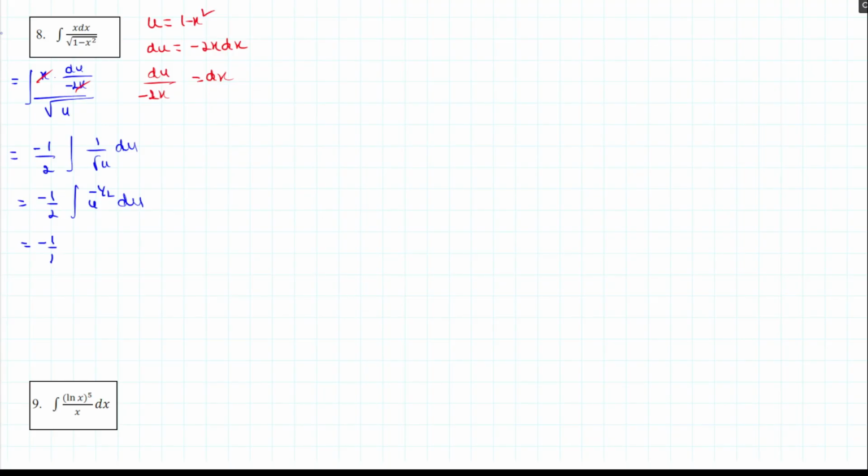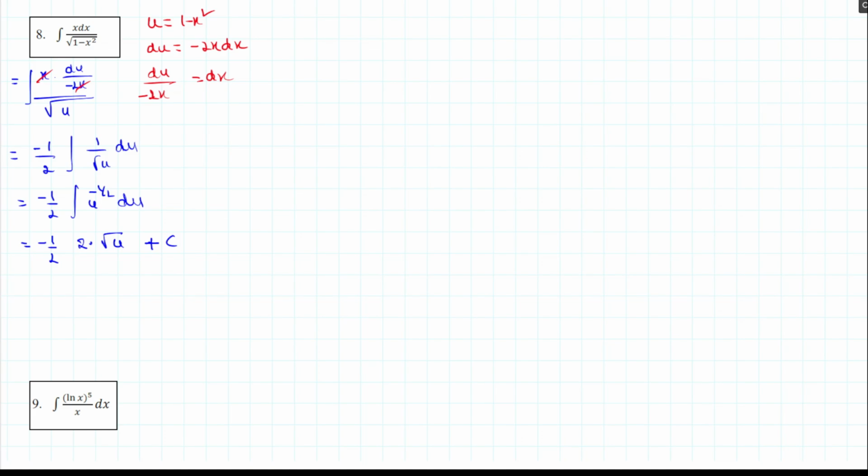So that is the negative 1/2, and the integration of u to the power negative 1/2 is u to the power negative 1/2 plus 1, that is u to the power positive 1/2 over positive 1/2, that is 2 times u to the power positive 1/2, that is the square root of u, plus c.